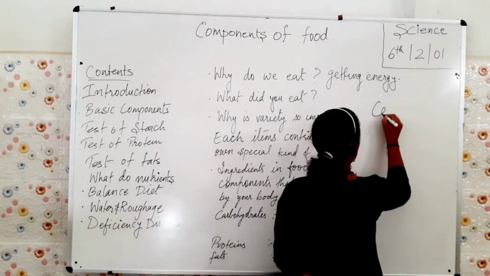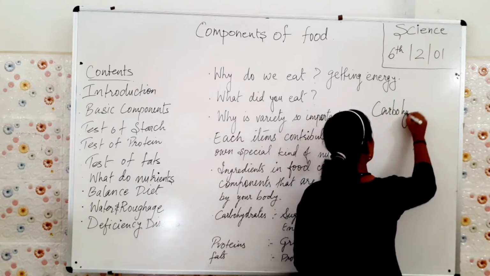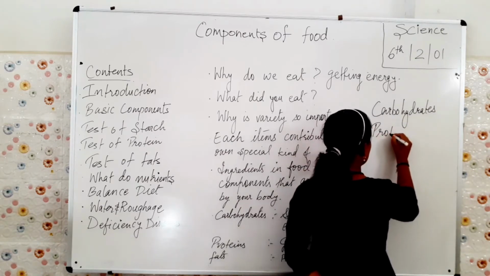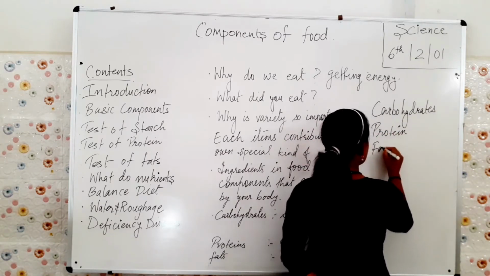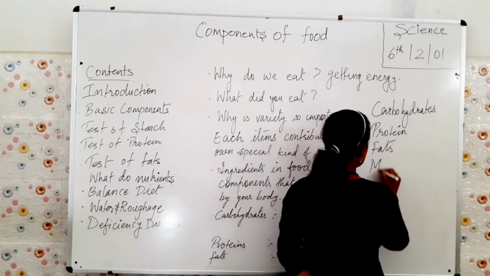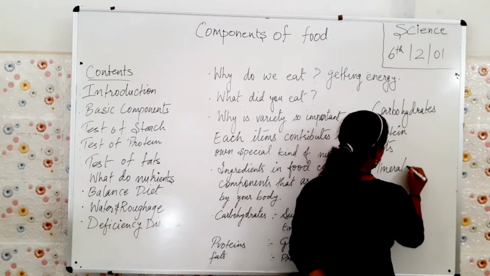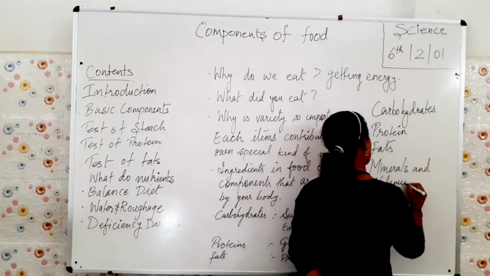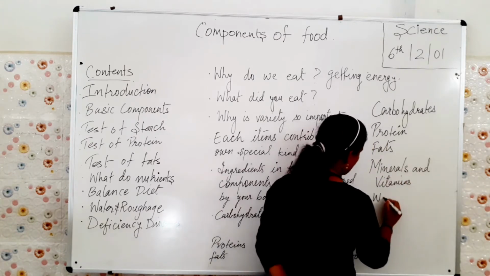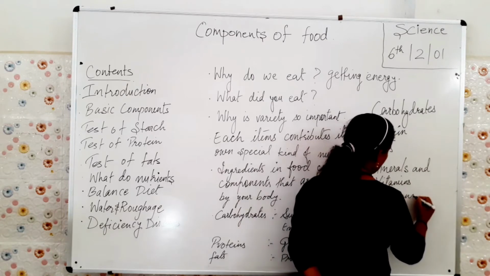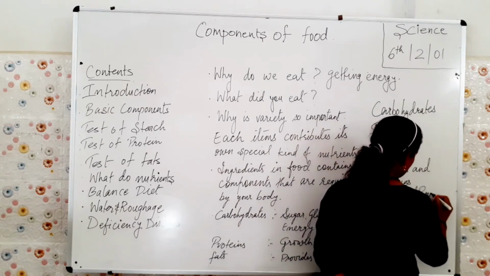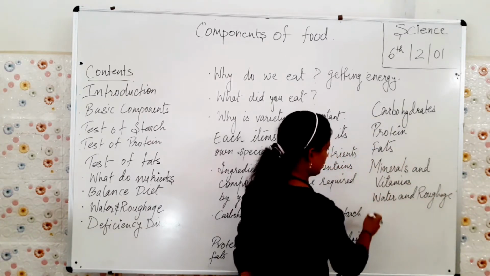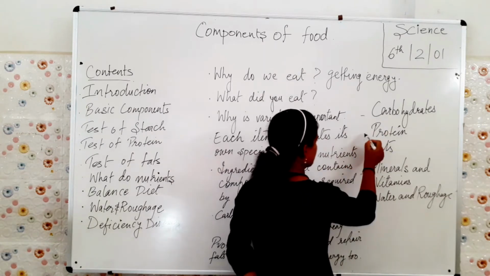They are carbohydrates, then protein, fats, minerals, and vitamins, water, and roughage, etc. I think almost we have covered everything.